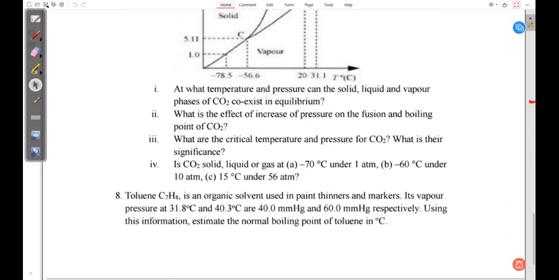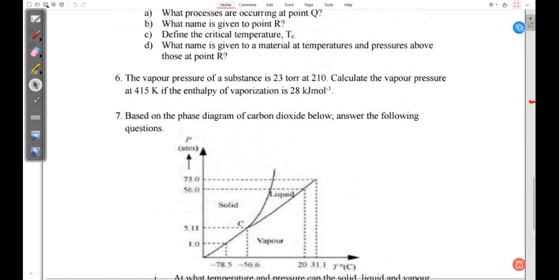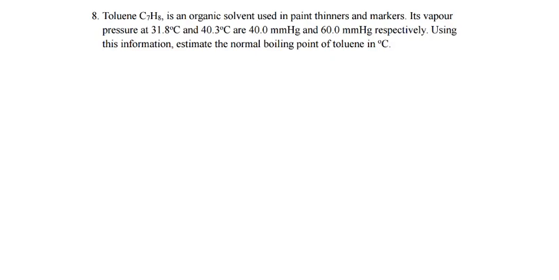Okay, now move on to question 6. Question 6. The vapor pressure of a substance is 23 at 210 Kelvin. Calculate the vapor pressure at 415 K if the enthalpy of vaporization is 28,000 kilojoules per mole.